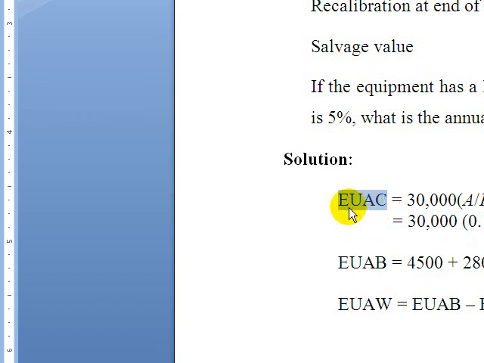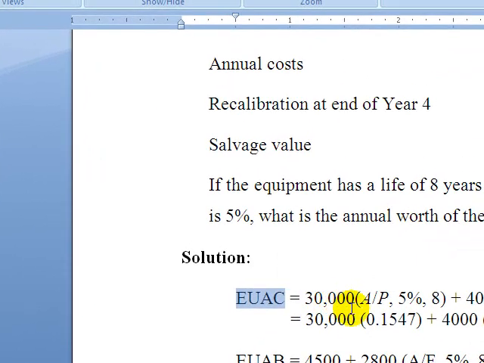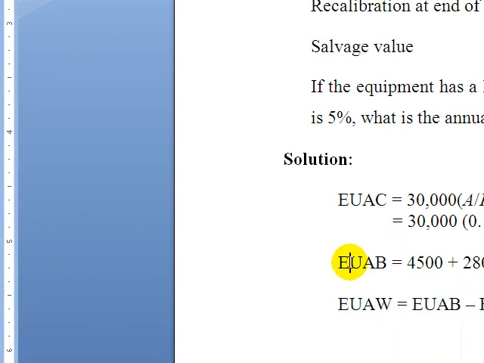All the cash flows in the EUAC expression will be negative. They are costs. EUAB talks about benefits, equivalent uniform annual benefits, and the third term, EUAW, is equivalent uniform annual worth.